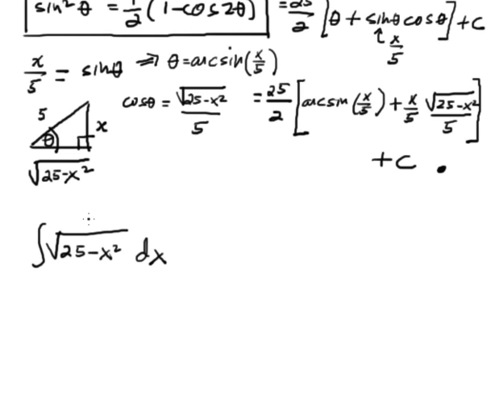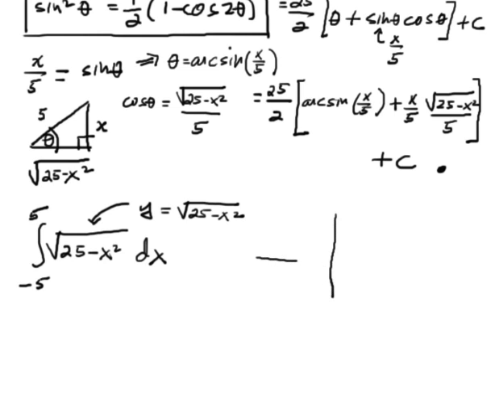Well, y equal to the square root of 25 minus x squared is the top half of a circle of radius 5. X squared plus y squared is equal to 25. Circle, radius 5, centered at 0, 0. So if we put these limits on our integral, then what we're getting is the area of the top half of that circle.